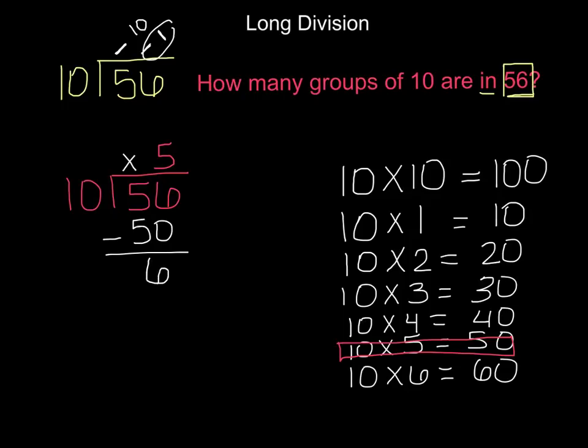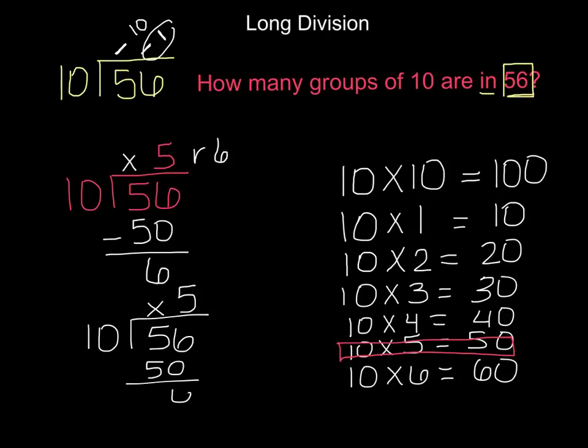and I'm going to see that I get a remainder of 6. Now, for the time being, we're going to let you go ahead and just write a remainder of 6, which means I have 6 left over out of the 10. The best way to write it is this way. So if I have my division problem like this, I'm going to go ahead and write the 5 here. My remainder is 6.